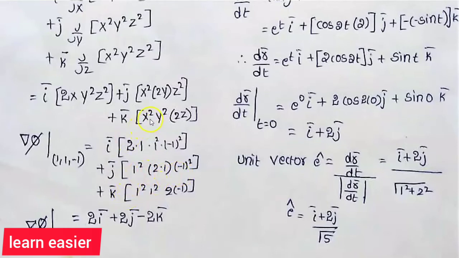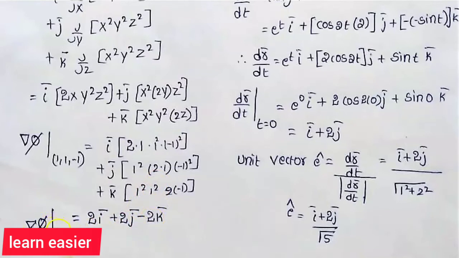And here 1 square into 1 square into 2 into minus 1. Multiplying, finally we have 2 into 1 into 1 into 1, we get 2. So 2 i bar, here we got 2 j bar and here we got minus 2 k bar.